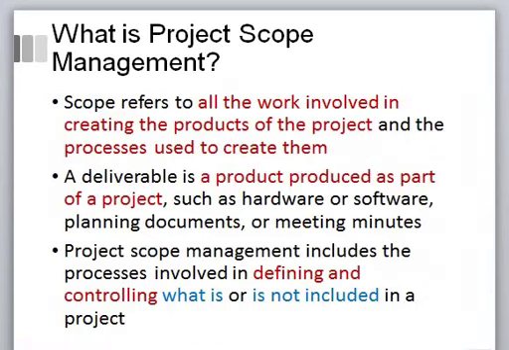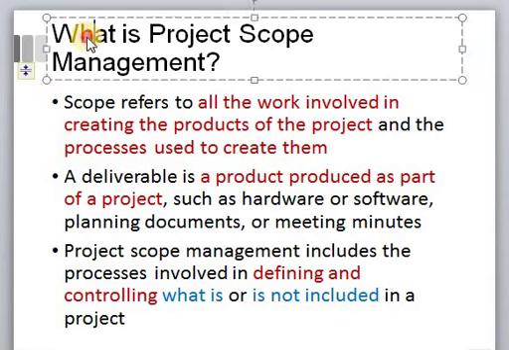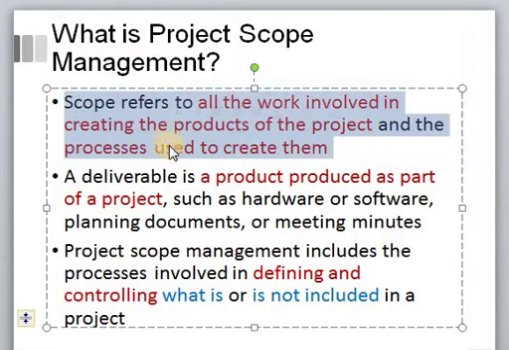First we need to know what project scope management is. Scope refers to all of the work involved in creating the products of the project and the processes used to create them.